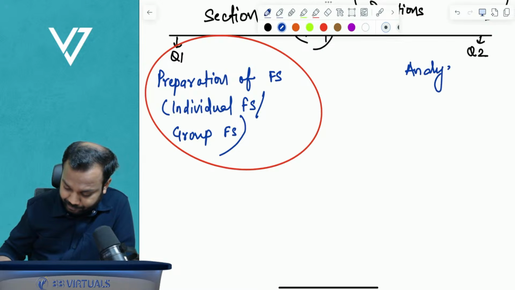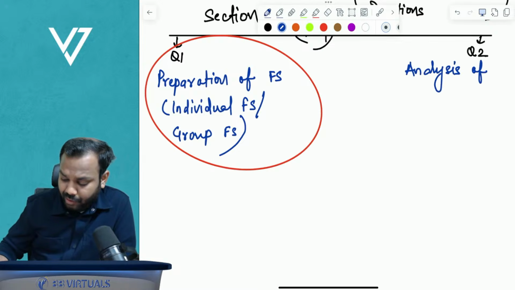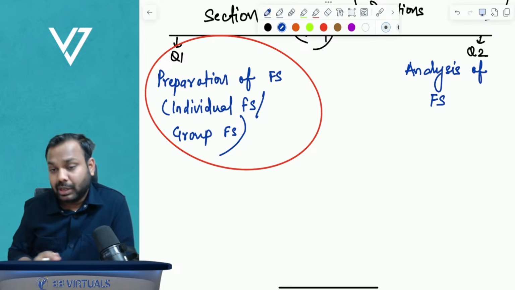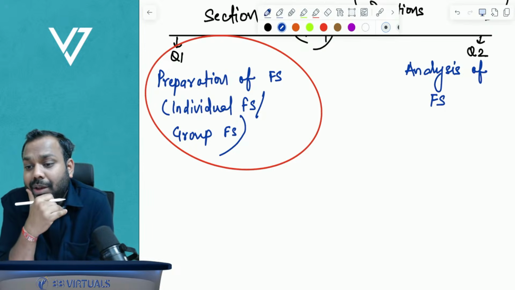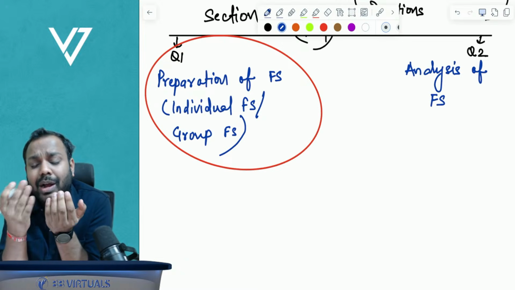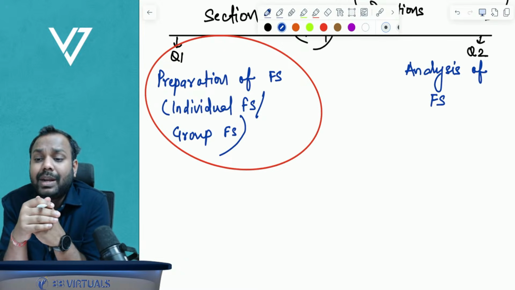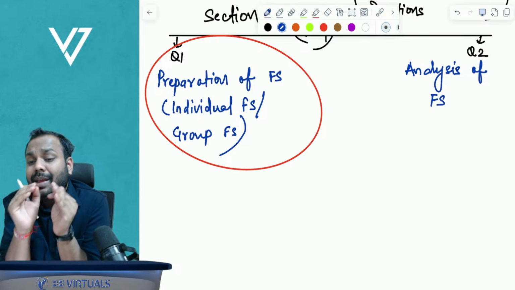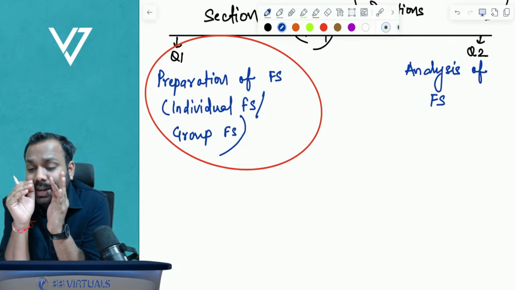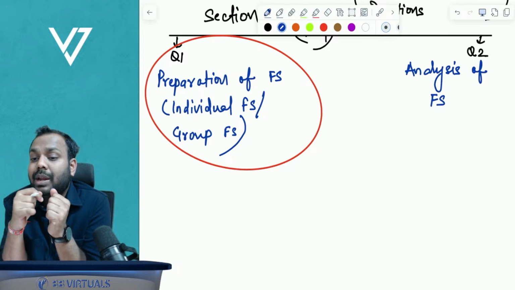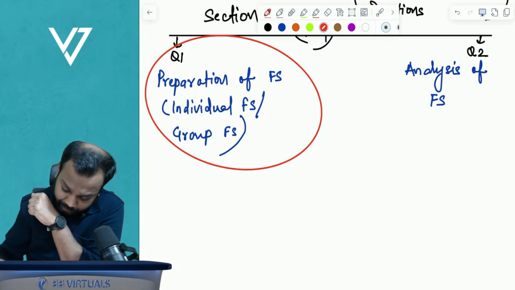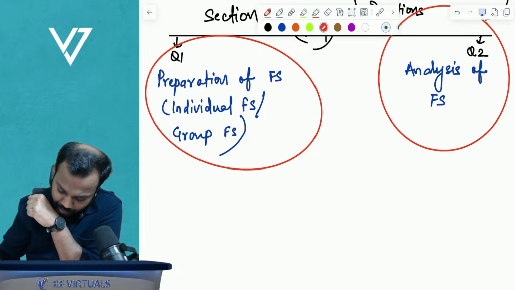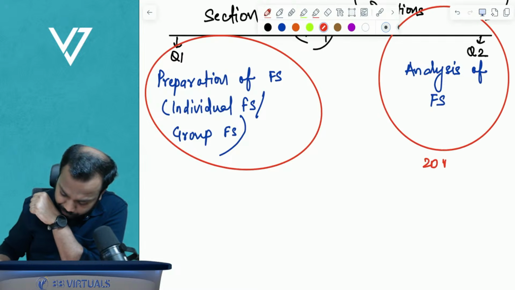So many times students ask me, sir, can I leave this chapter of analysis? No, my dear friend, you can't leave. In the exam, it is mandatory that a question on analysis will definitely come. For how many marks? 20 marks.